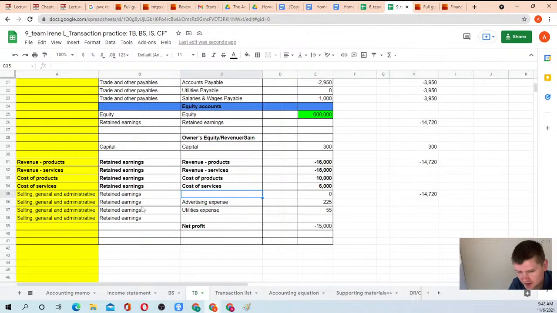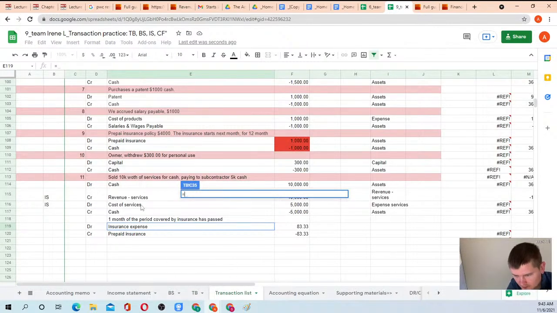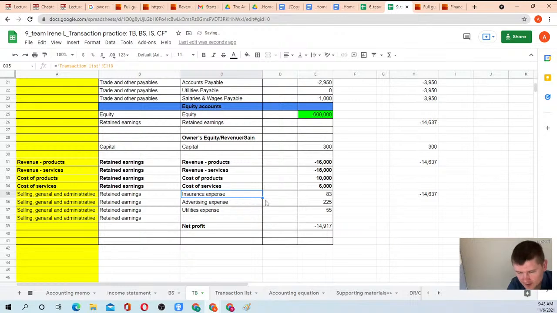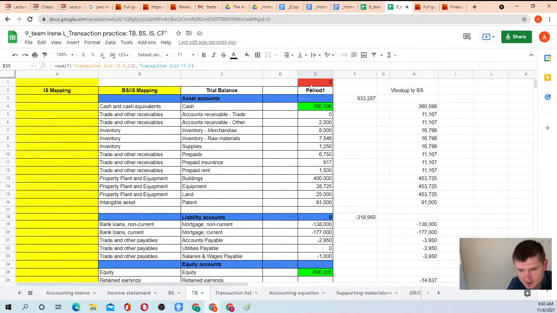So for that reason, I will keep it in the selling, general and administrative. Okay, so you can see it here. And now our trial balance balances. You see that prepaid insurance goes down.